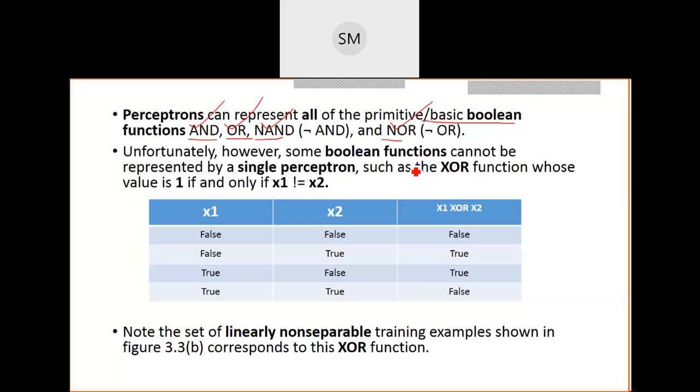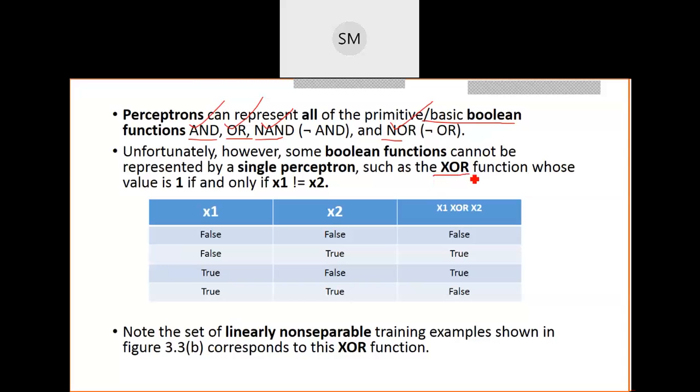But there are some other Boolean functions which can never be represented by this perceptron. What type of functions are these? Functions like XOR. XOR cannot be represented with the help of a perceptron. No perceptron can represent this XOR function.